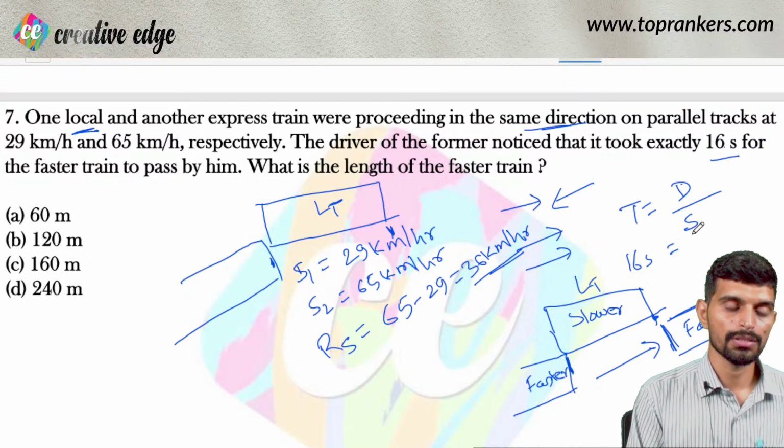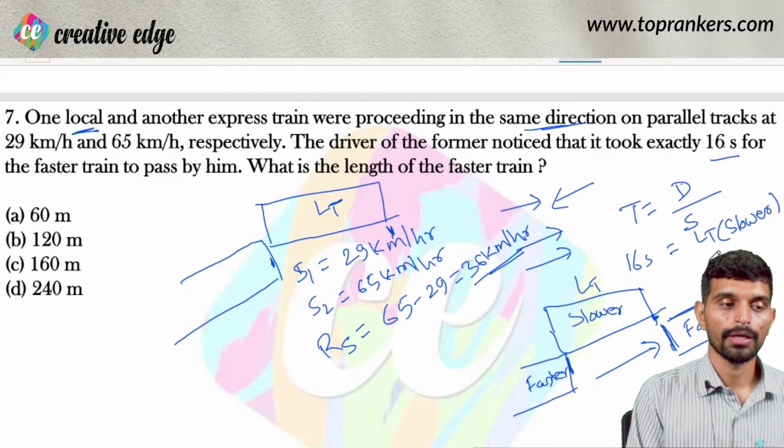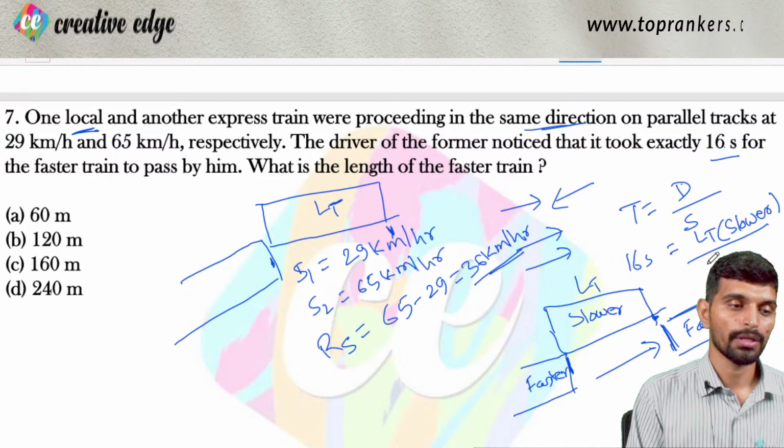So the distance is nothing but the length of the train, and that is what we are asked, right?